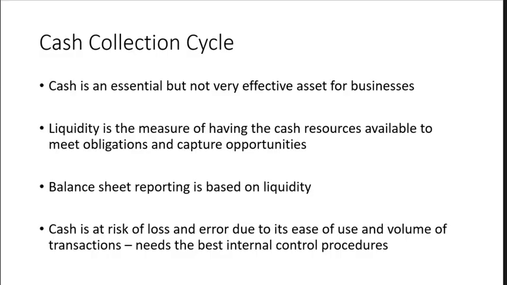And so those resources and how easily we can obtain those, either by having them on hand or being able to convert other assets into cash, is how we determine liquidity. And this is important enough that we list our balance sheet assets in order of liquidity.